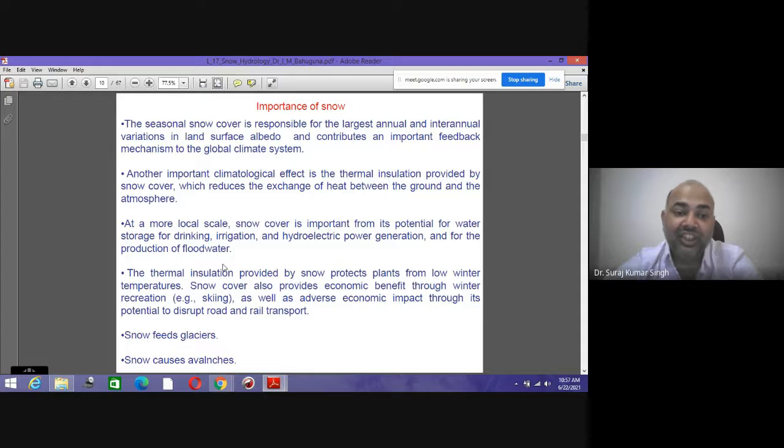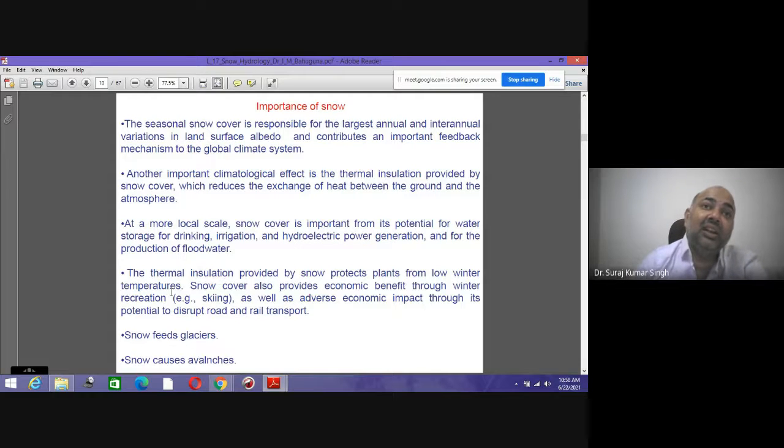Snow cover also provides economic benefit through winter recreation, as tourists will be going and enjoying. Because of ecotourism, a lot of money is generated, but it also has adverse economic impact through its potential to disrupt road and railway transport. So, it has merit and it has demerit.